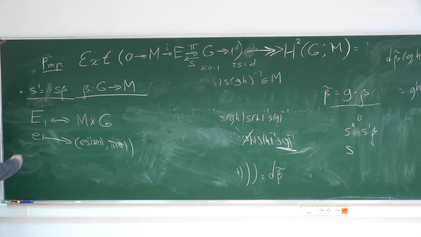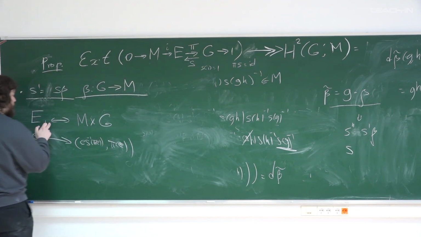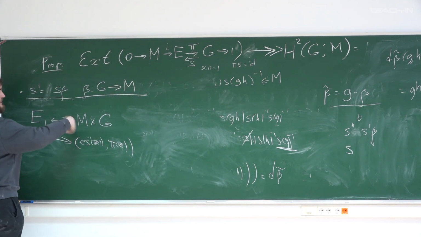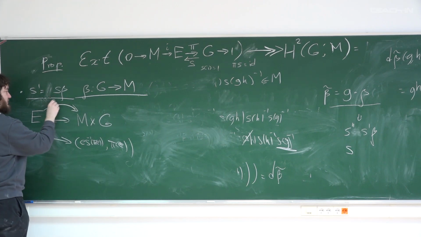It's a bijection, more or less, because it's an extension. It's a bijection of sets, and if you want to define a group structure from this bijection, induce the group structure.